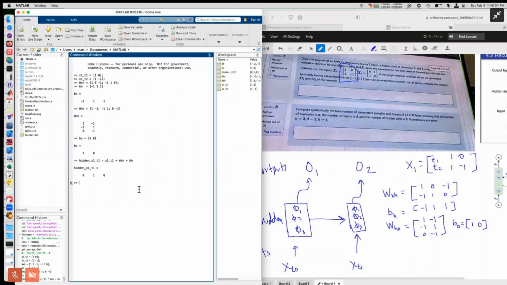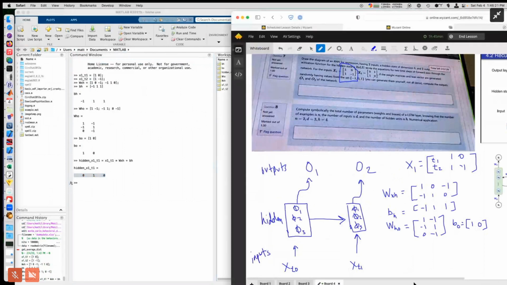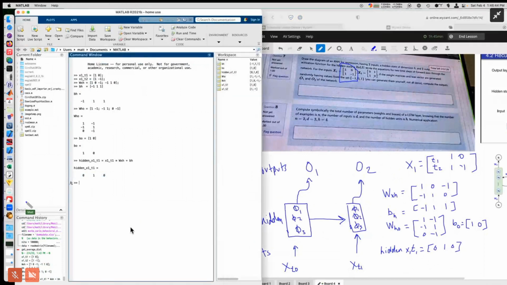And then the activation function would be ReLU, which would make anything less than 0 to 0, but we don't have to worry about that because nothing's less than 0 here. So hidden is 0, 1, 0.